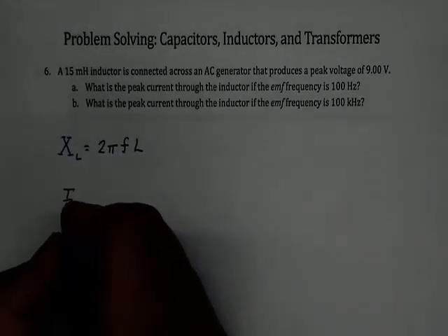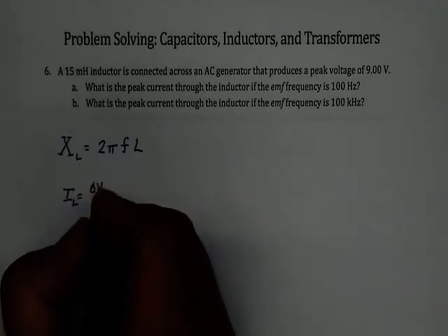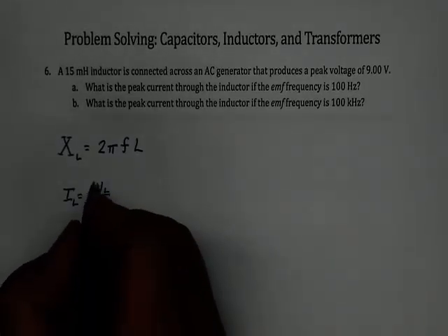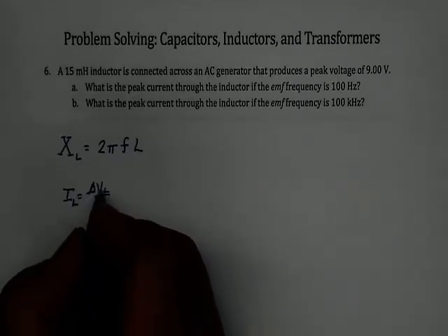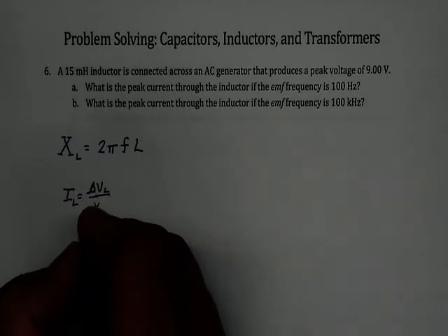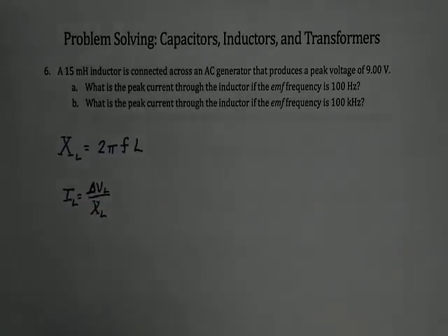You can also write the form of Ohm's law that the peak current in an inductor circuit is equal to the peak potential difference divided by the inductive reactance.